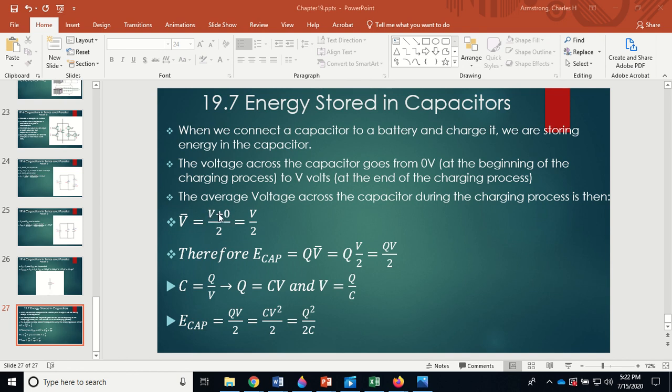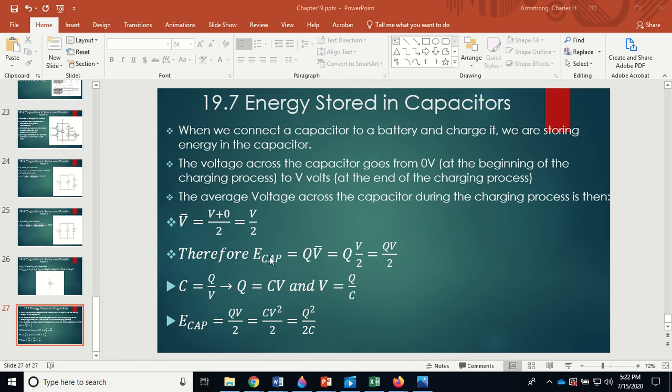It was a bunch of numbers from 0 all the way up to V, and it only started on 0 and ended on V. So we got to do an average. The average would be V plus 0 divided by 2, but 0 is just 0, so it's just V over 2. Now remember that the energy of the capacitor, see now we got energy here, not electric field.